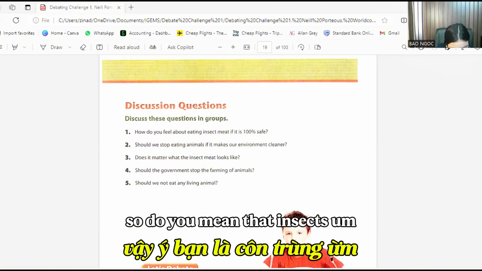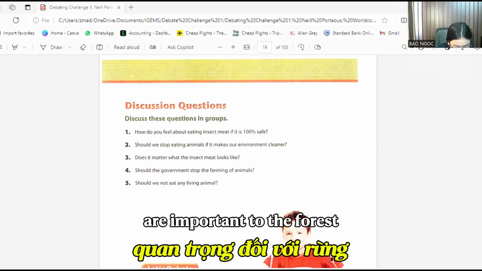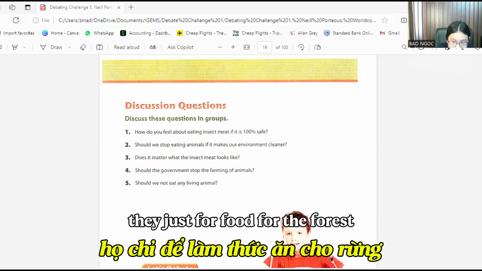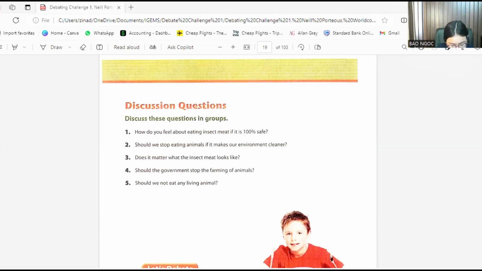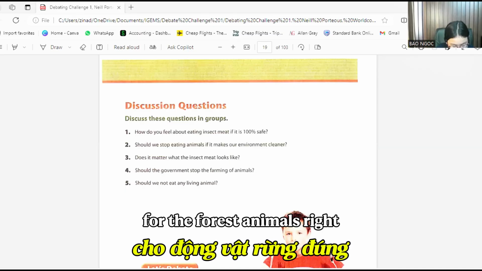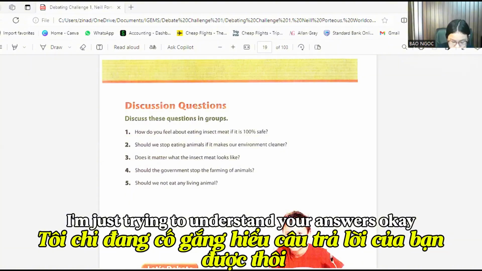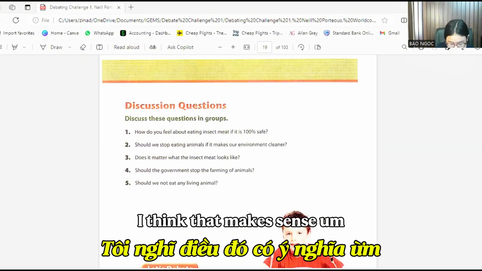So do you mean that insects are important to the forest? Not really. They're not? Okay. They're just food for the forest animals, right? Yeah. Okay, I'm just trying to understand your answers. I think that makes sense.